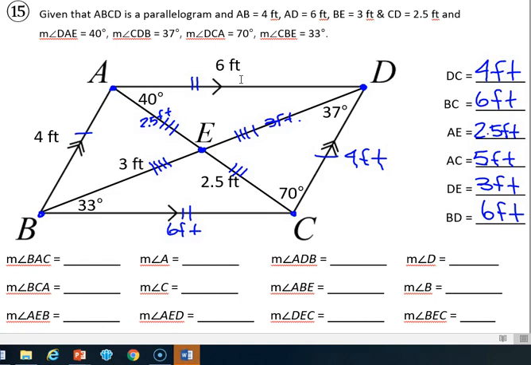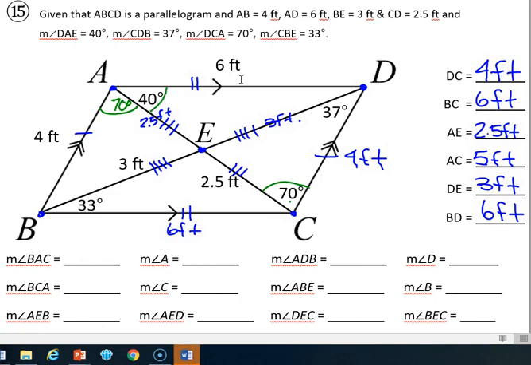Now let's talk about our angles. We're going to go ahead and fill all these in, and then we'll pull the angles from the drawing. So let's go ahead and work through this drawing first. So first of all, we should see this angle up here is congruent with this angle down here, alternate interior angles. So this angle is 70. Because again, this angle right here is congruent with this angle down here. They're alternate interior angles.